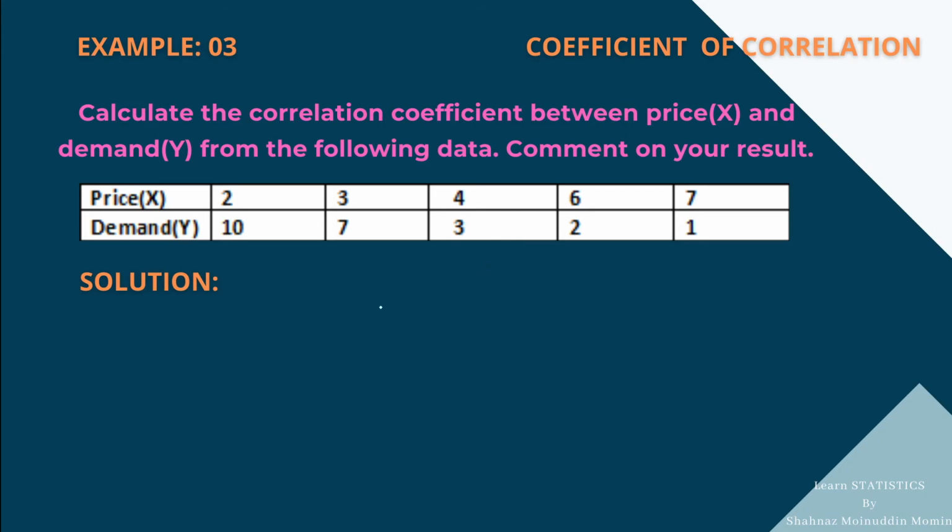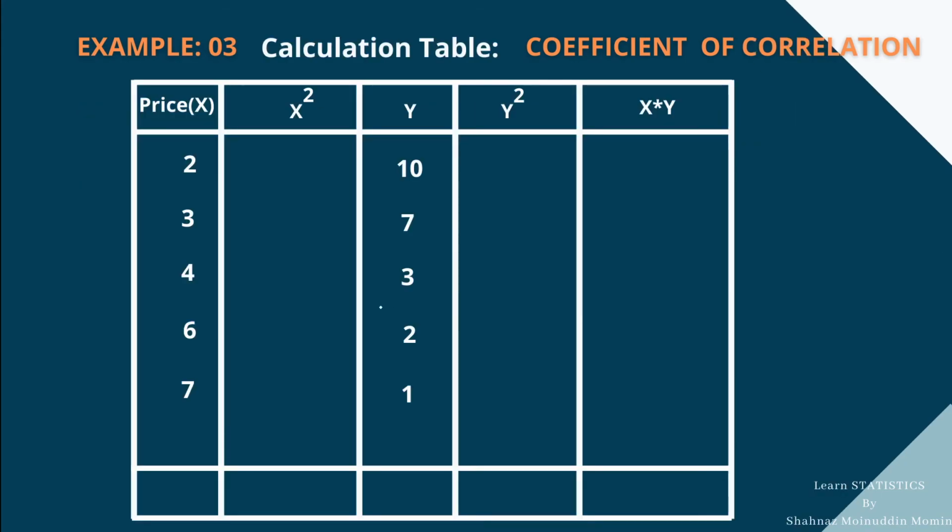So we shall prepare a calculation table. I have written the price and demand in the vertical column. Y is nothing but demand. Then take the square of price, which gives x square. It is 4, 9, 16, 36, 49.